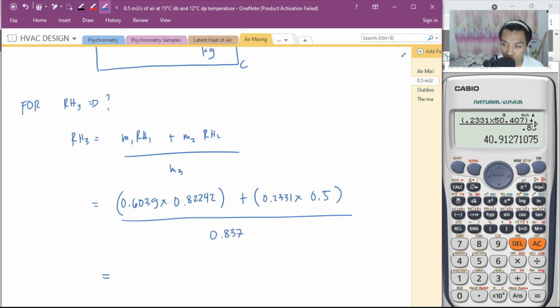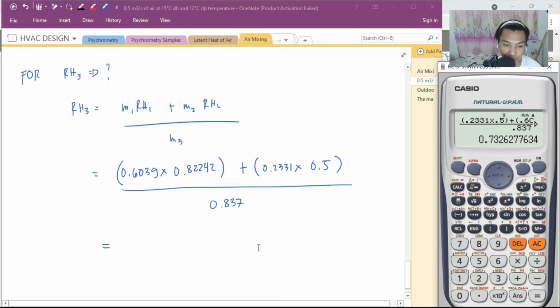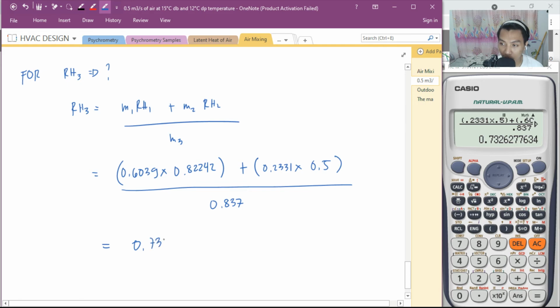The answer for RH3 dapat naka-multiply to 100%. The answer is 0.73263 for RH3.